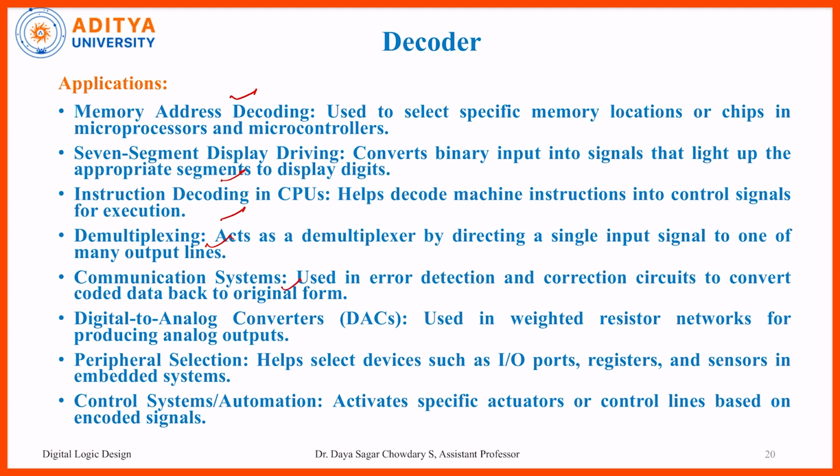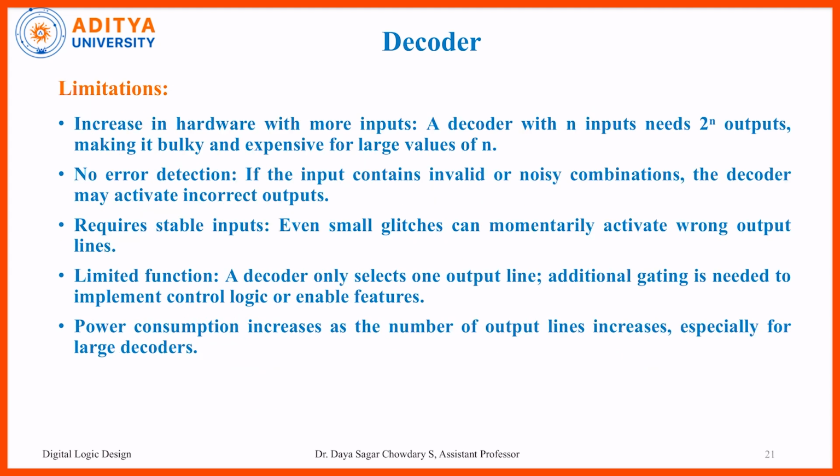Also in communication, because we have to enhance the outputs, and digital to analog converters, as well as the communication part. And peripheral selection is also applicable with the help of decoders. And finally control systems, automation and robotics. With the help of these decoders we can easily construct circuits.